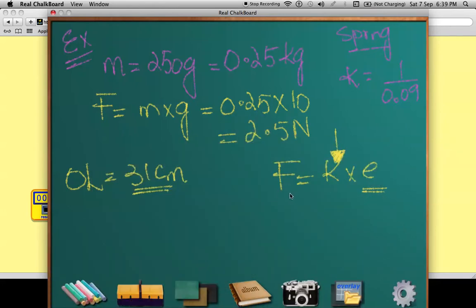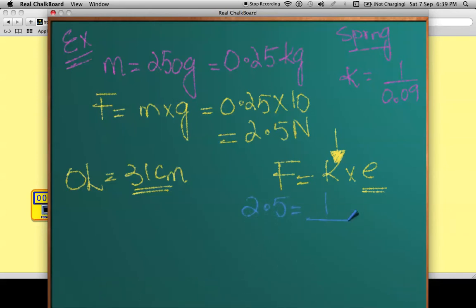2.5 equals 1 over 0.09 times E. So extension is simply 2.5 times 0.09. Let's assume this is 0.1, and the value would be around 0.25 approximately.